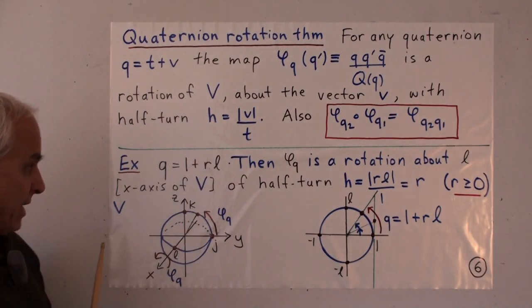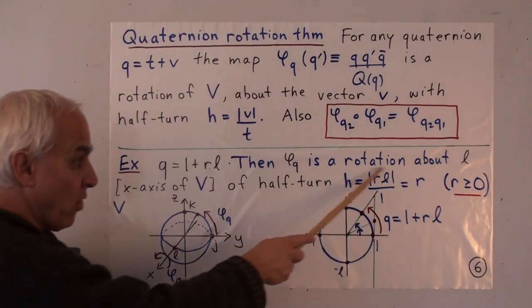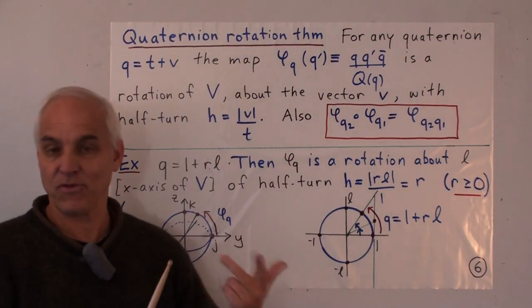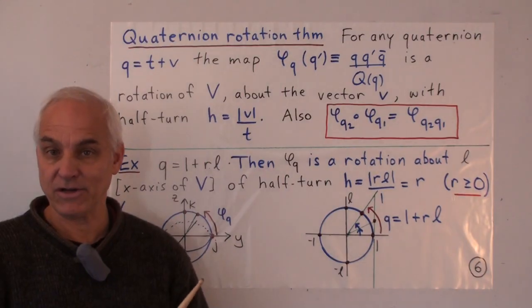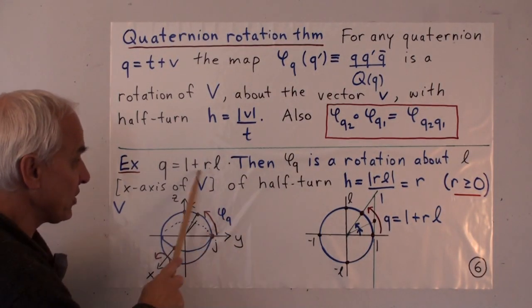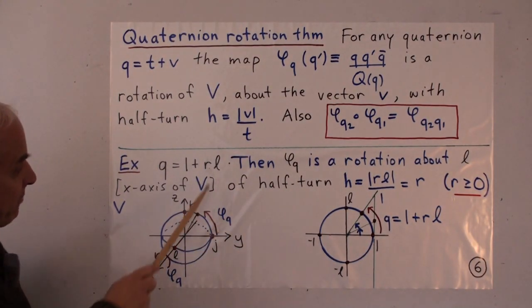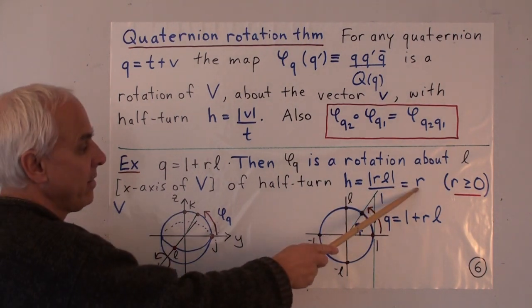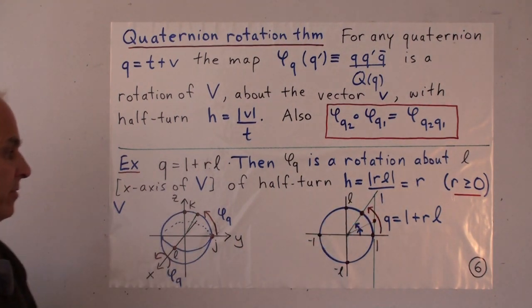Okay, so then we know that phi sub q is going to be a rotation about i, which is the x-axis of V. Remember, i was one of our three standard unit vectors, i, j, and k. And the half turn of this rotation is given by this ratio r over 1, which is r. That's going to be the half turn.